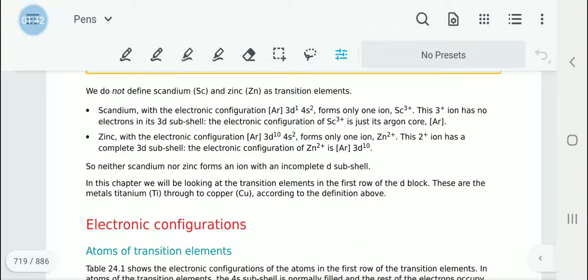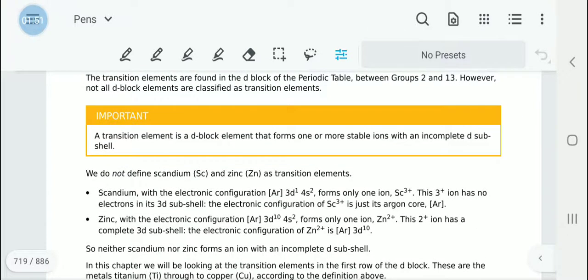The configuration of Sc3+ is that of the argon atom. From the definition, it has to have an incomplete d subshell, so there should be electrons in the d subshell, but the Sc3+ ion has the argon configuration. So scandium is not going to be a transition element.